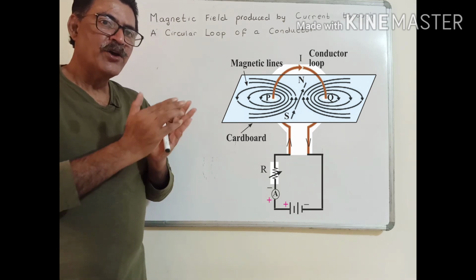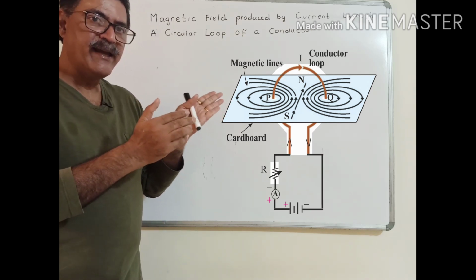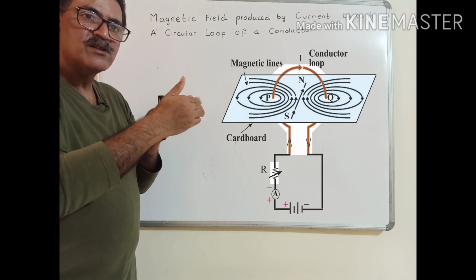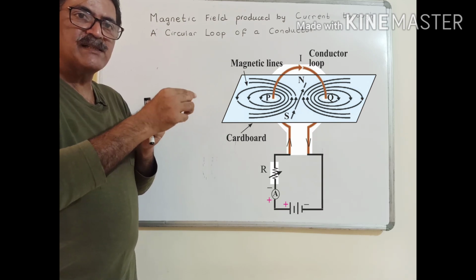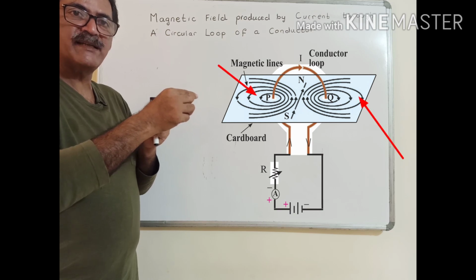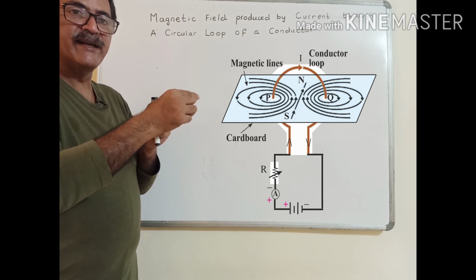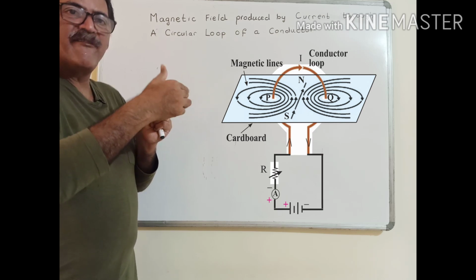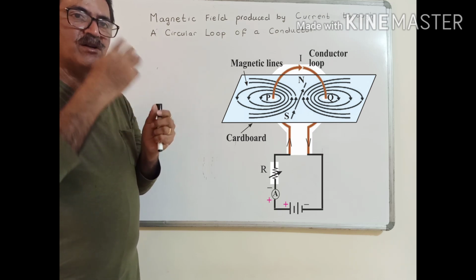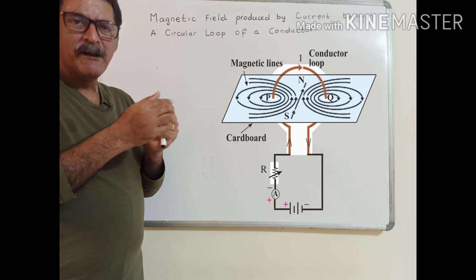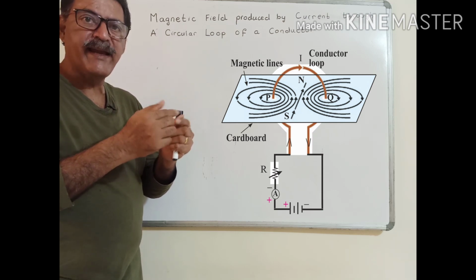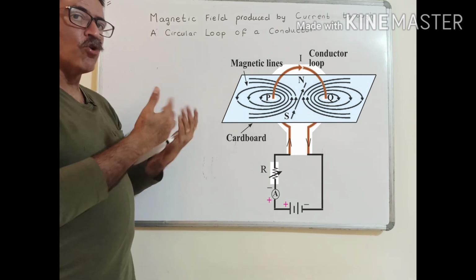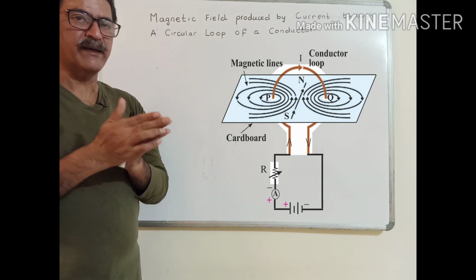You will see very clearly that as you go away from the loop, the distance between the concentric circles keeps on increasing. Look at both the loops: as you go away, the distance between the concentric circles keeps on increasing. That is because the intensity or the strength of the magnetic field decreases as you go away from the conductor.